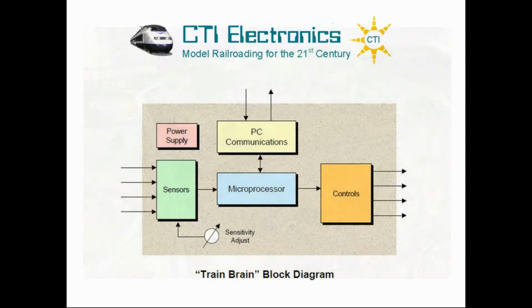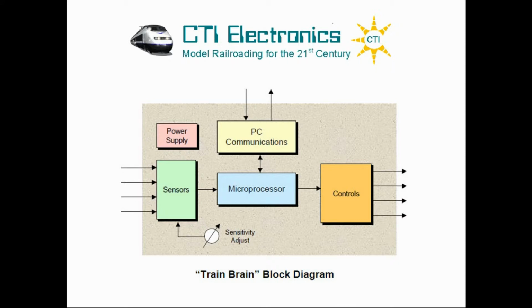In part 2, I briefly talked about CTI Electronics and their system approach for model railroad control. TrainBrain from CTI Electronics is a free software for model railroads and is the foundation for integrating the electronic products from CTI and other suppliers.